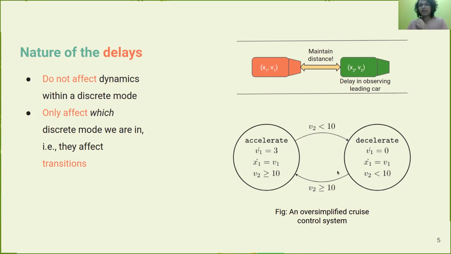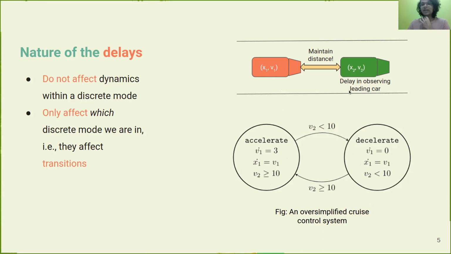And again, the orange car can start accelerating when the velocity of the leading car goes above 10. So this is our hybrid automaton model for the orange car to help it avoid collision with the green car.